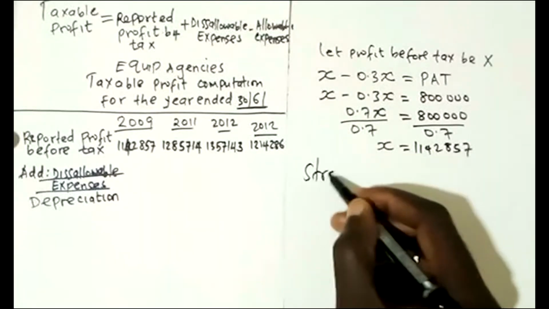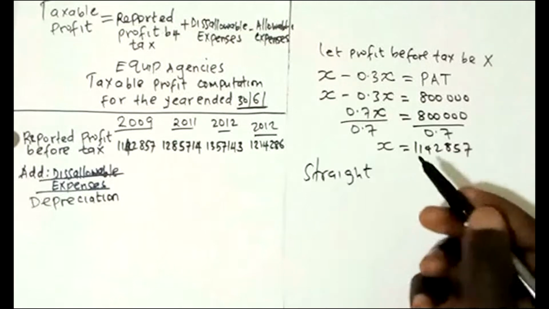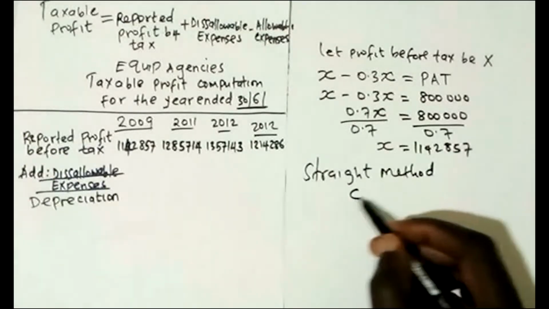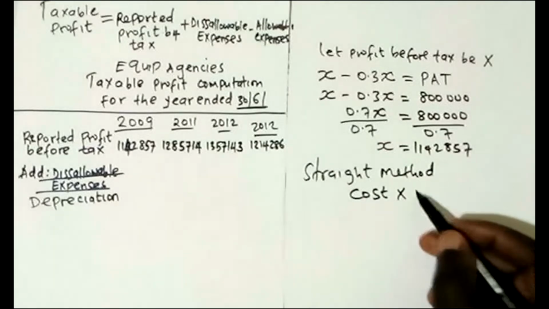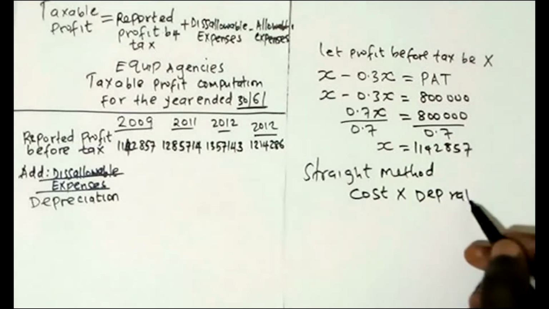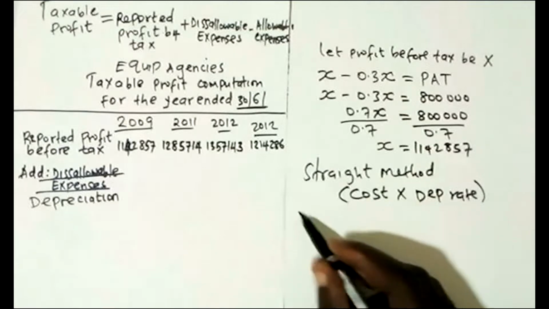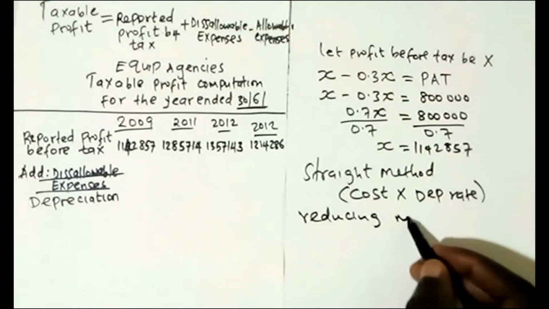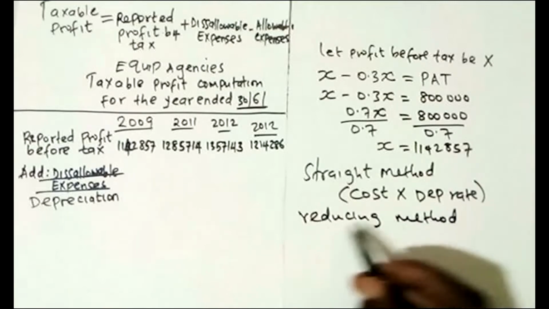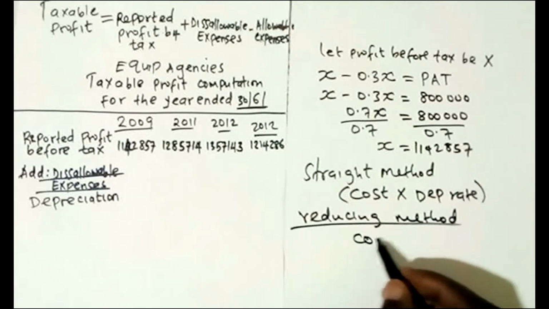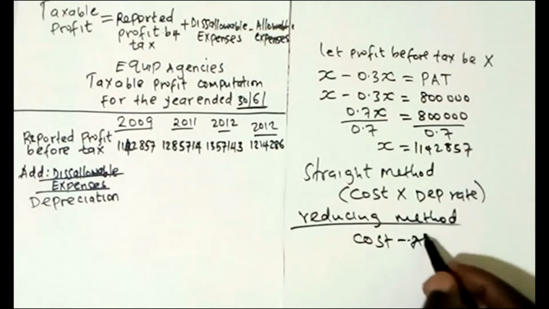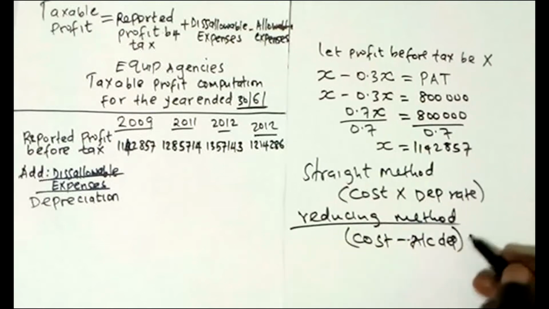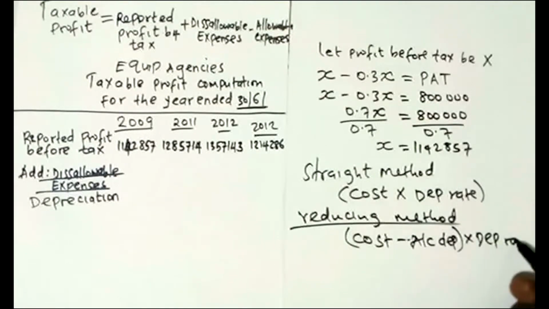You can use the straight line method, based on cost, multiplied by the depreciation rate. With the reducing method, you take the cost minus the accumulated depreciation, then multiply with the depreciation rate.